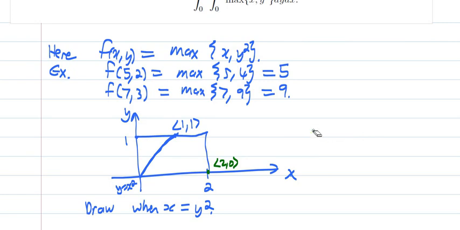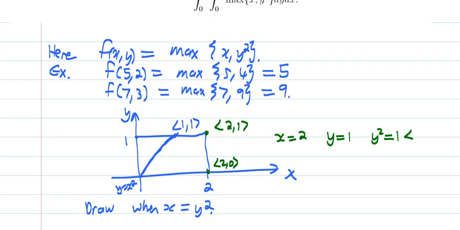If you take this point, the point 2, 1, you can see x is 2 and y is 1. So y squared is 1 squared, which is 1, which is less than 2. So at this point, who wins? X wins. At this point, who wins?